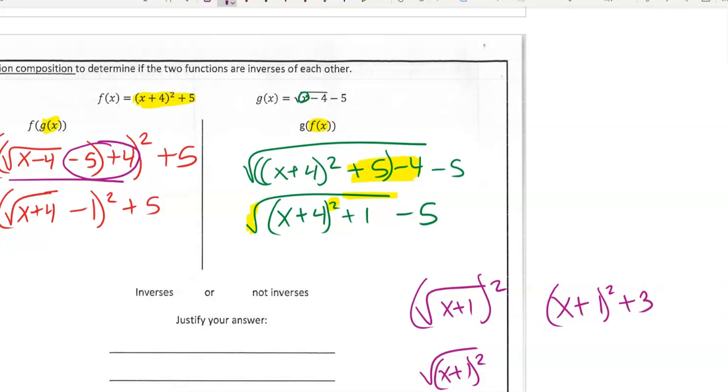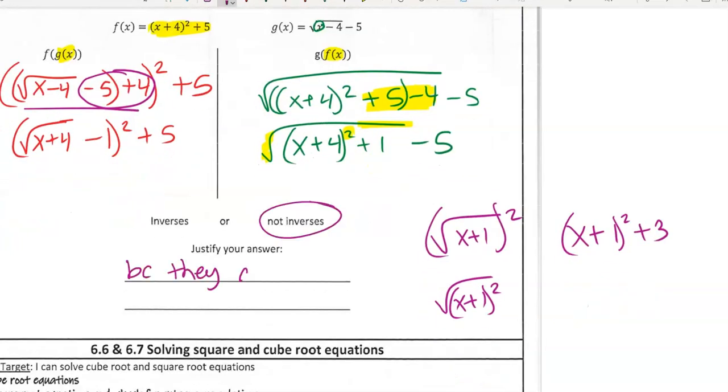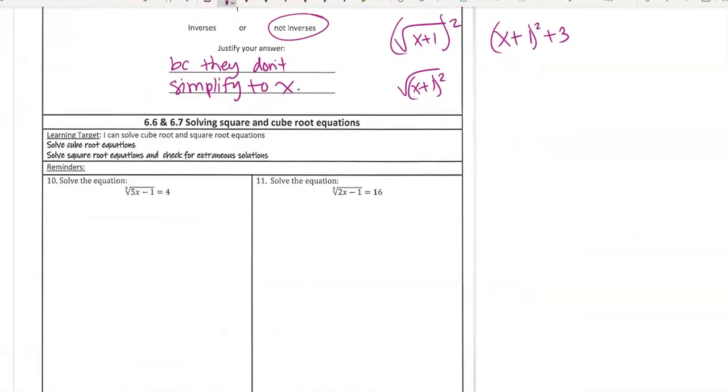So from here, we cannot go any further. These are not inverses because they don't simplify to x.